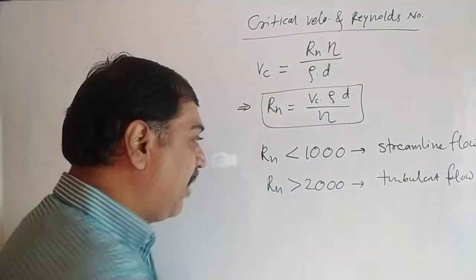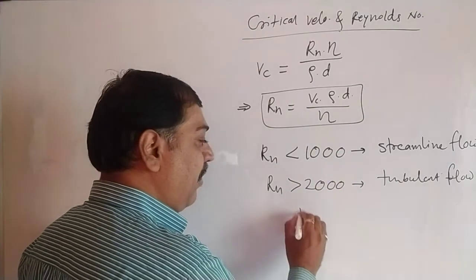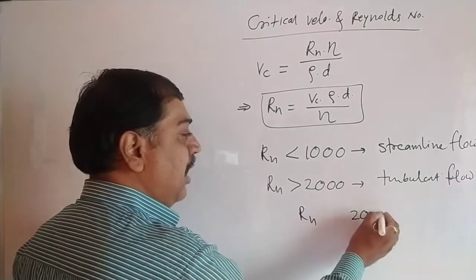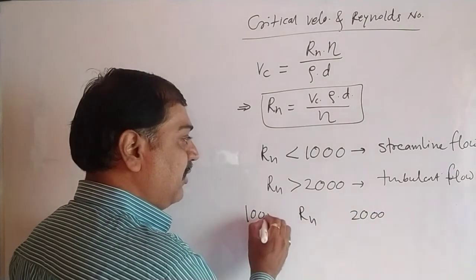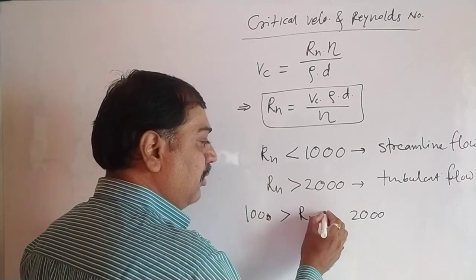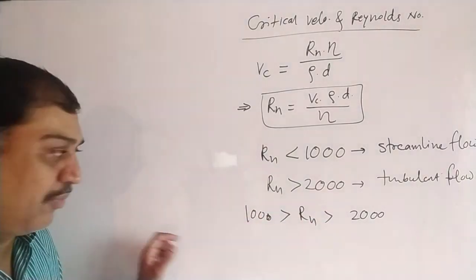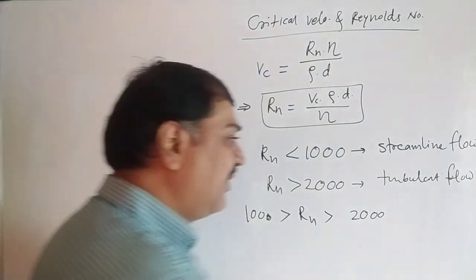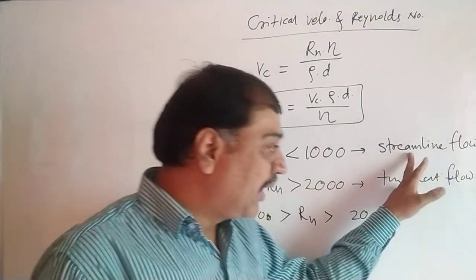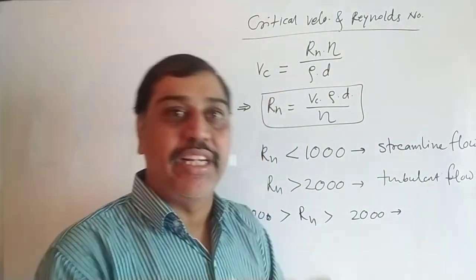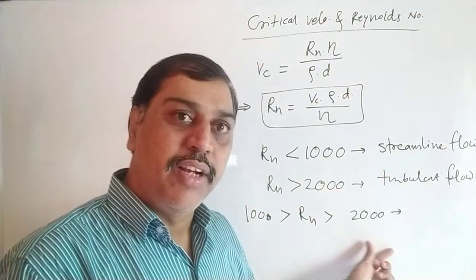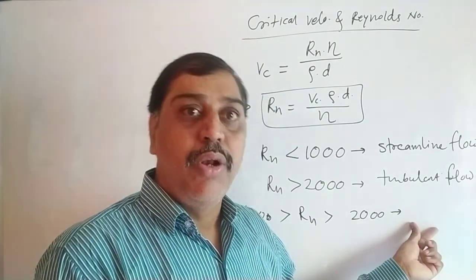When Rn is between 1000 and 2000, this stage is where the flow starts converting from streamlined to turbulent, in a moderate state. When the Reynolds number has a value between 1000 and 2000, the flow is neither streamlined nor turbulent.